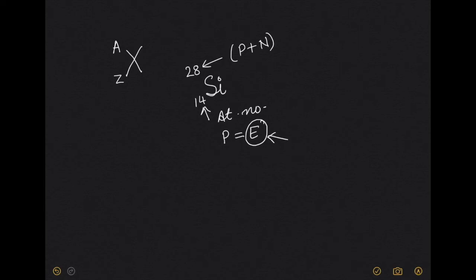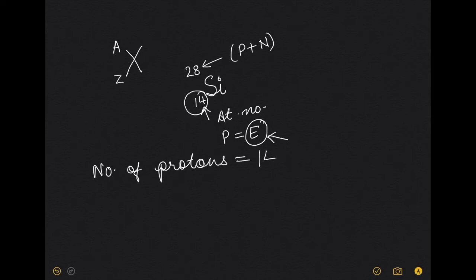So first we need to write down the number of protons, and you can easily take out the number of protons from the atomic number because it is equal to 14. Then you will find out the number of electrons, that is equal to 14 only. Why? Because the number of protons is equal to the number of electrons.